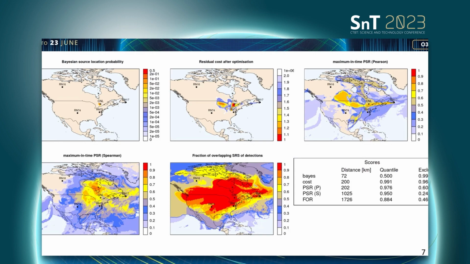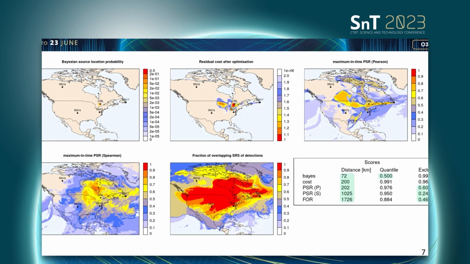So this was a very successful reconstruction. Next, you have the cost function approach, which also does a good job. Then you have the maximum in time possible source region using the Pearson correlation. And next, in the bottom left corner, you have the same PSR, but then for the Spearman's rank correlation. And then lastly, you have the fraction of overlapping SRS fields associated with detections.